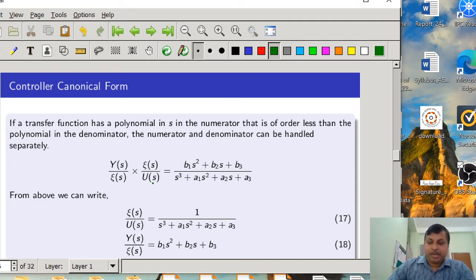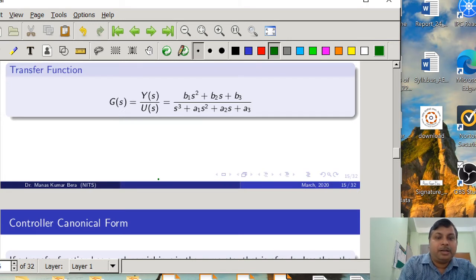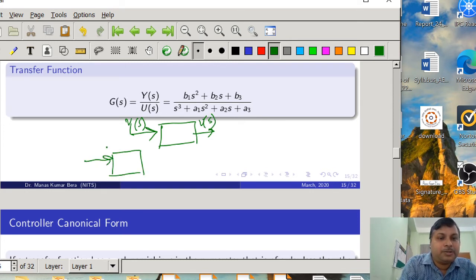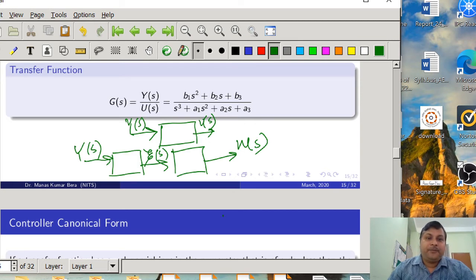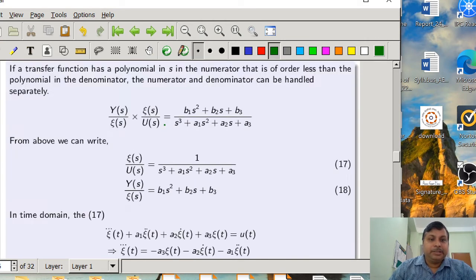That is, we have assumed an internal variable zeta(s) between Y(s) and U(s). If we write the block diagram in this way, then zeta(s) by U(s) can be written as 1 by s cube plus a1 s square plus a2 s plus a3.